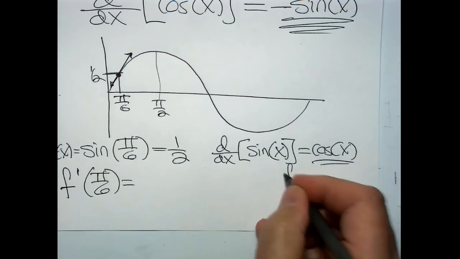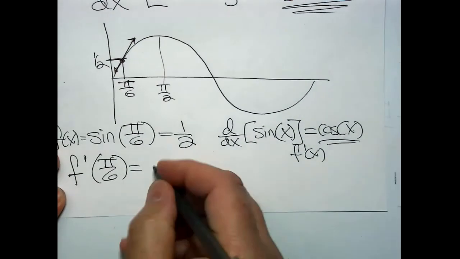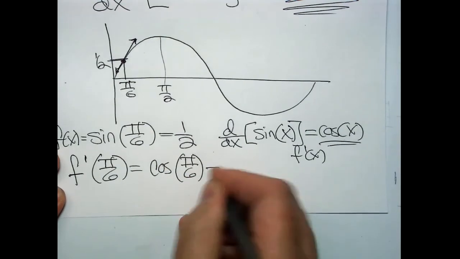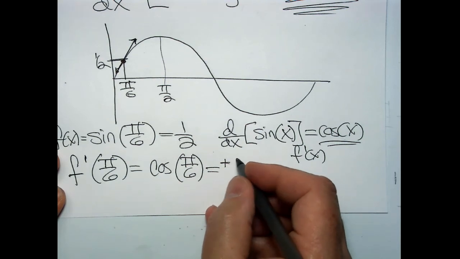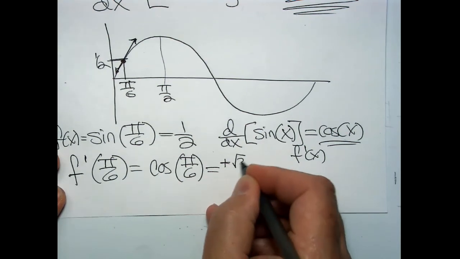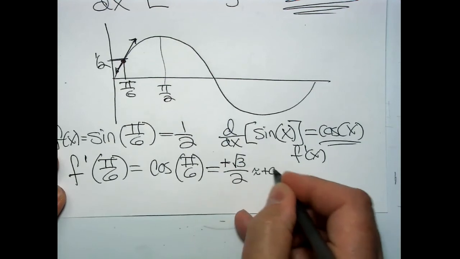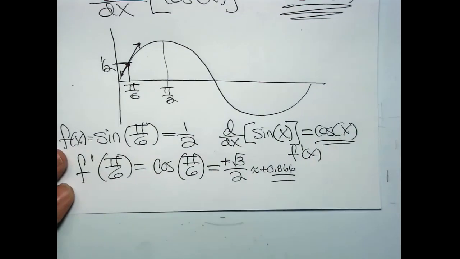Well, this is f prime over here, so let's sample it at 30 degrees. So the real question is, what is the cosine of 30 degrees? And from memory, I remember that one. That's a very common one. It's square root of 3 over 2, which is roughly about 0.866. So it's a positive slope, not quite 1.